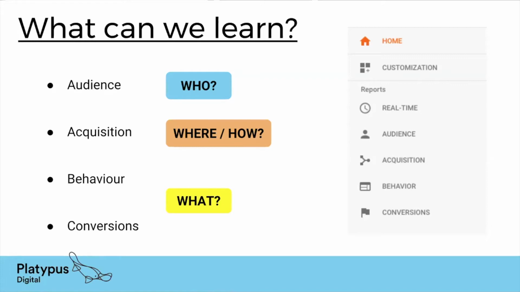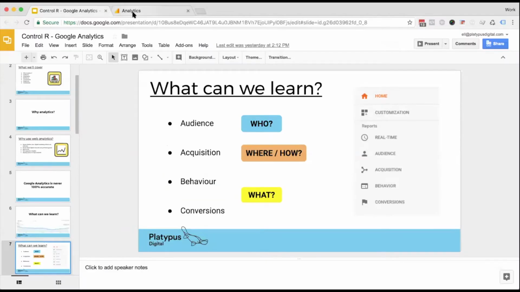So remembering this who, where, and what analogy can kind of help you when you're first looking at Google Analytics for where to find certain pieces of information. So if you're looking for things about what devices people are using, then you're going to look at your audience tab. So let's dive straight into it. I'm just going to pause a minute while I get analytics up.